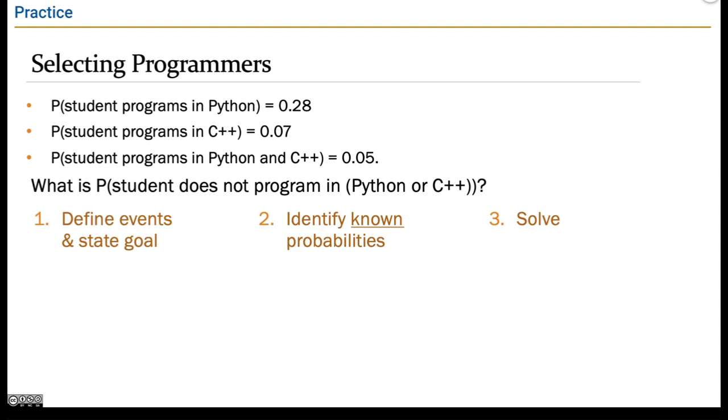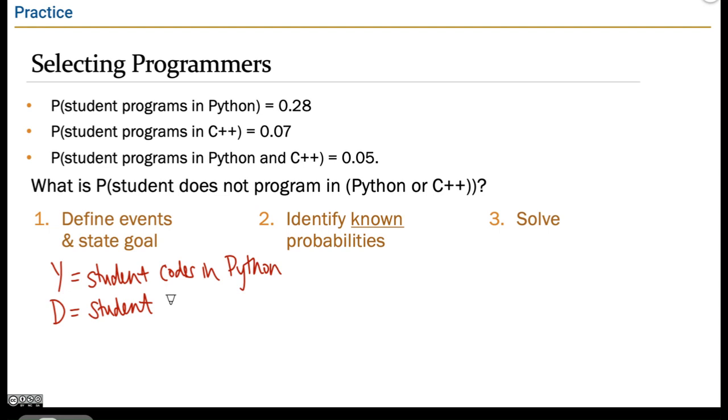All right, so let's define Y as being the event that the student programs in Python. I'm just using Y instead of P because I'm going to be using P for probabilities. Let's do D for the student codes in C++. And again, I'm not using C because we might use C for complements.